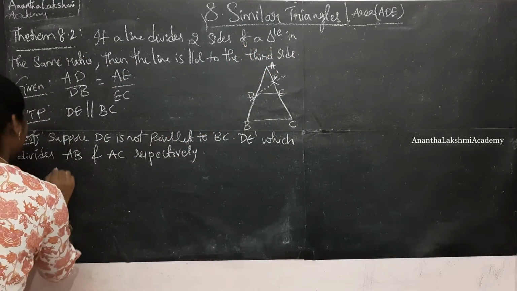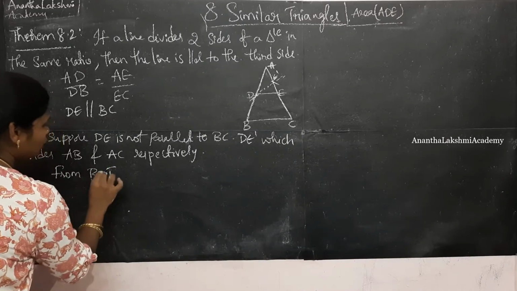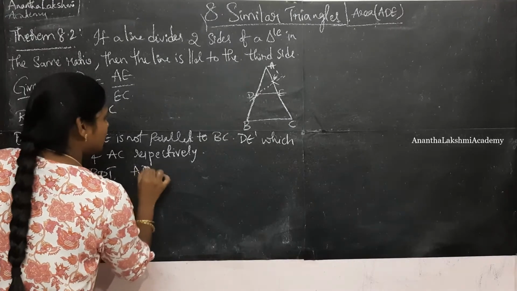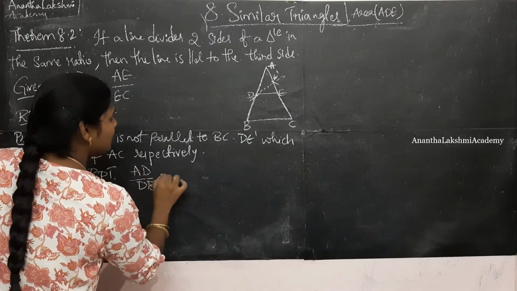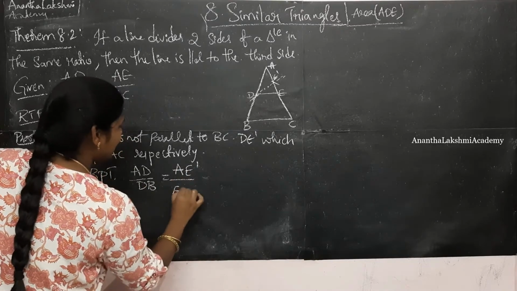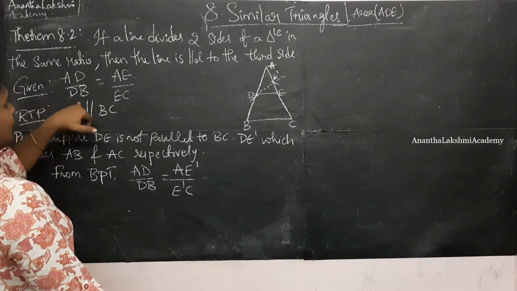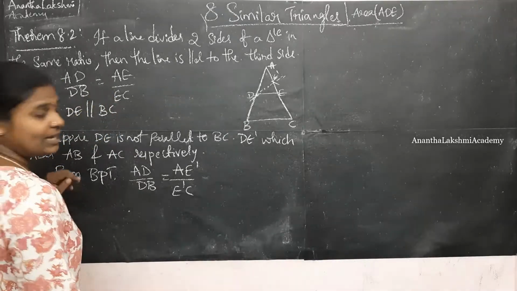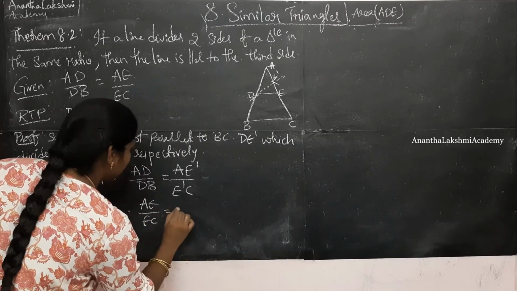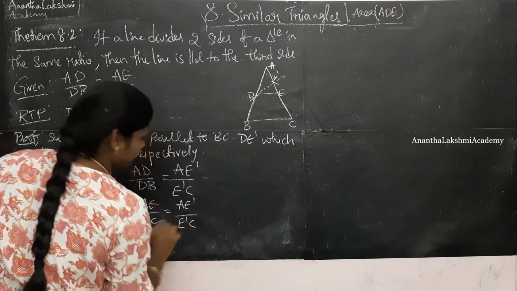So, from basic proportionality theorem, I am short noting it as BPT, we have AD by DB is equal to AE dash by E dash C. But for us, given that AD by DB is nothing but AE by EC. So, AE by EC is equal to AE dash by E dash C.